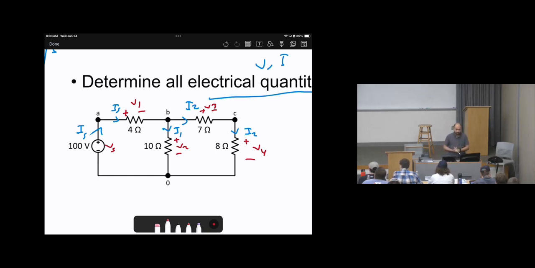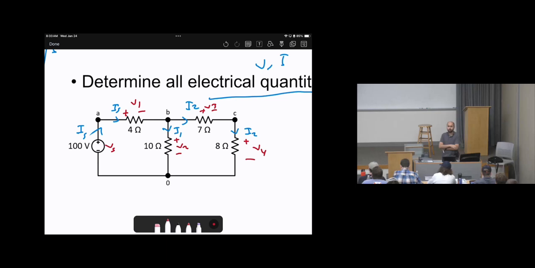Then my question is, what should I do next? According to our procedure, start from the extra given information. Do we have extra given information here? No. Then, following the procedure, do KVL, KCL, and Ohm's law such that there is only one unknown.